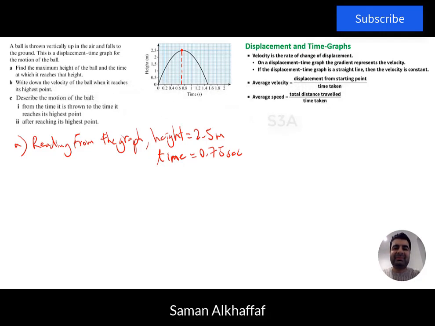For part B, we need to write down the velocity of the ball when it reaches its highest point.